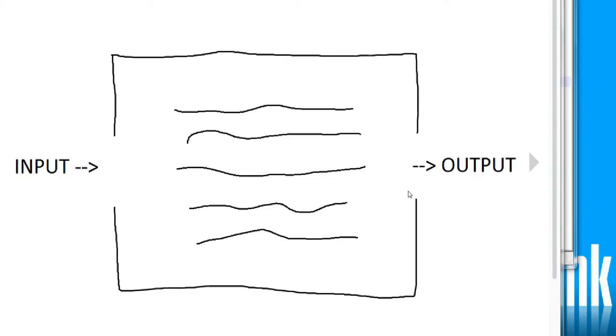Let's think of an example. Let's say I wrote a function, a little mini program, whose job it was to take a word and spit out the last letter of that word. So the input in one case would be dog. If I type in the word dog, the input would be dog, and the output would be G, right? The last letter of the word dog.